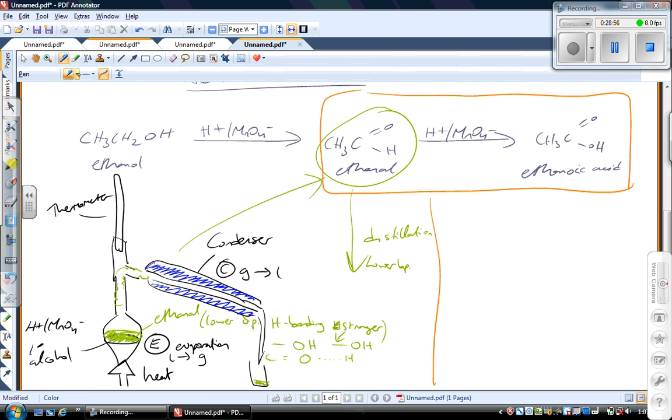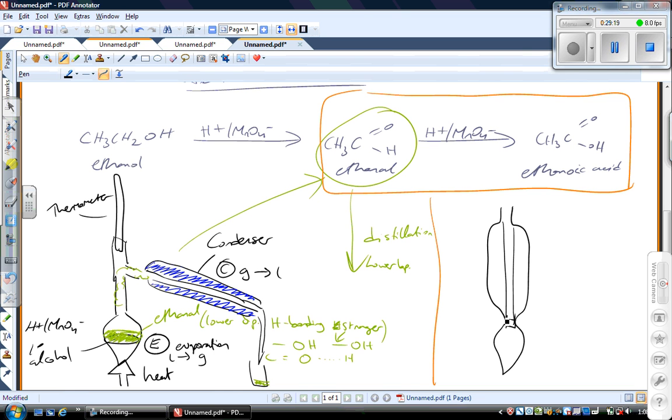A lot of the equipment is still the same, so you still have the same reaction vessel, the pear-shaped flask. You still want the condenser, but this time the condenser is sitting vertically on top of the pear-shaped flask.